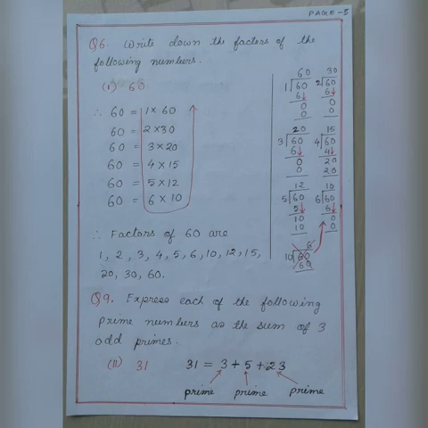When I divide 60 by 5, I get 12. When I divide 60 by 6, I get 10. When I divide 60 by 10, I get 6. But already I have got the pair 6 and 10 when I divided 60 by 6.